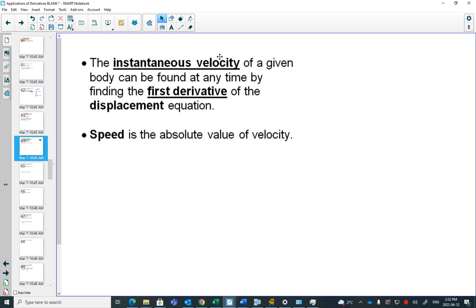So when I throw an object up in the air, it would have an initial velocity that's positive, eventually stop, and then as it's coming down, we would say its velocity is negative because it's changed its direction. But if we said how fast is it going, we'd always use positive numbers.